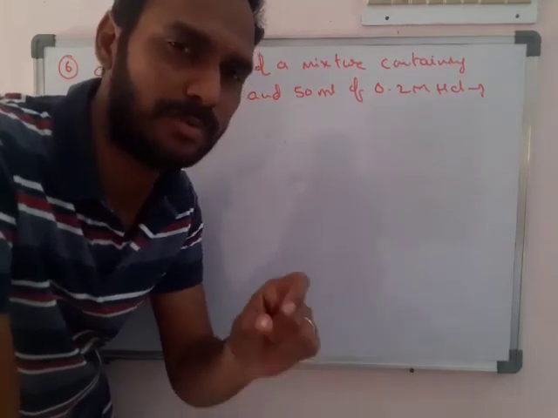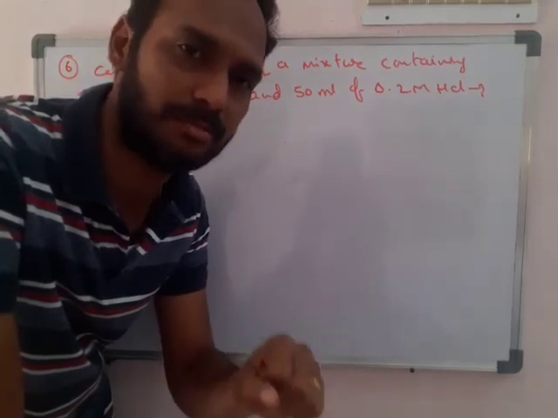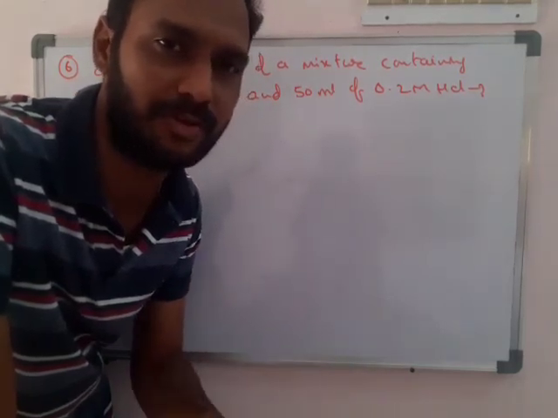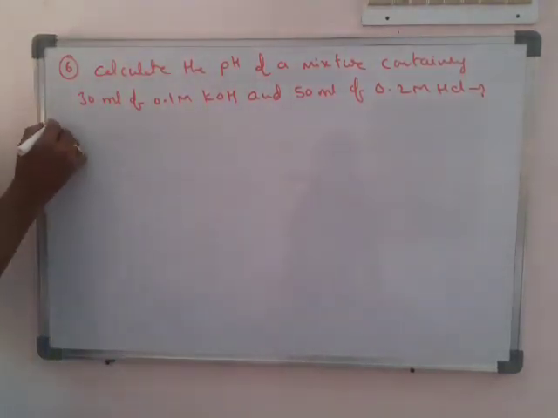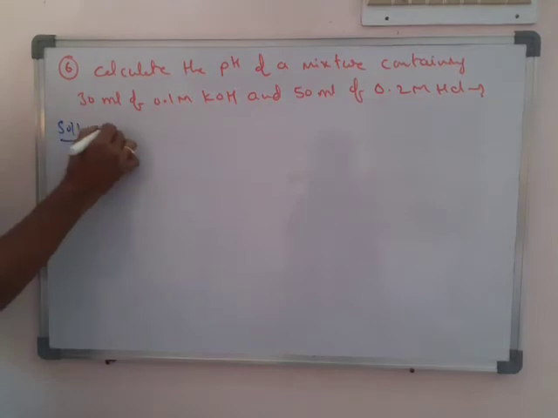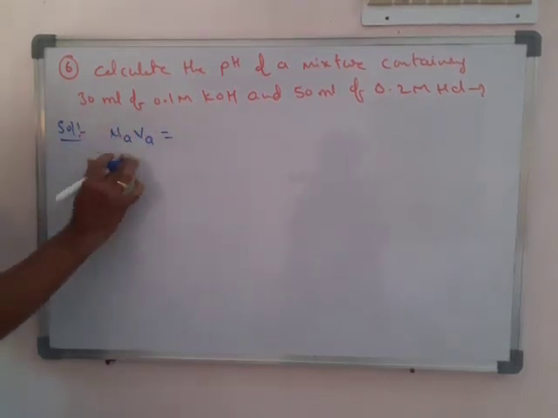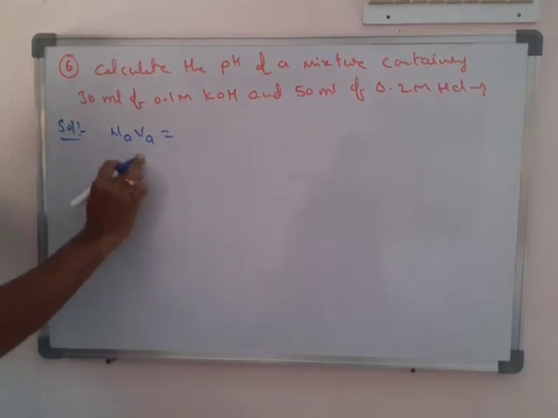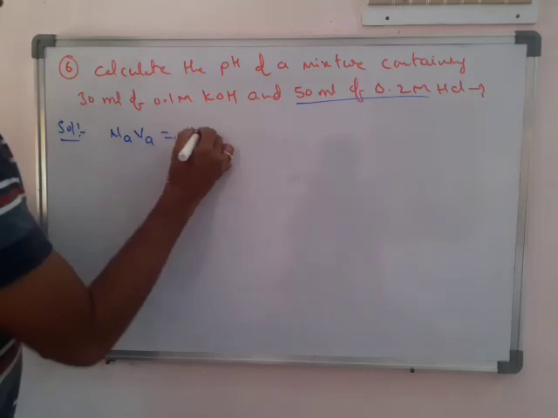In this problem, at first we have to find whether the total solution is acidic or basic by comparing their milli equivalents. First find the normality into volume of acid. This is called milli equivalents of acid. What is the volume of acid? 50.